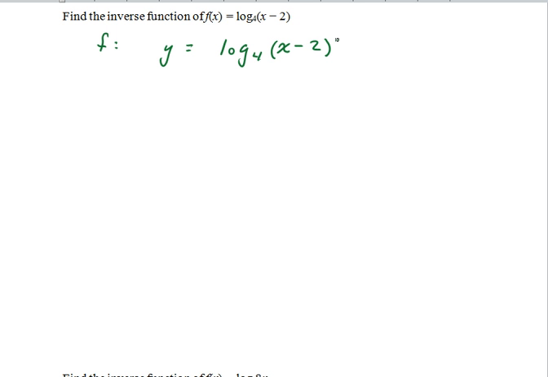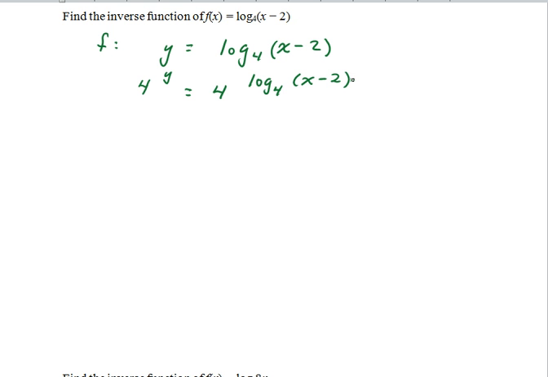I'm going to then exponentiate both sides using a base of 4 since we have log base 4. So we get 4 to the y equals 4 to the log base 4 of x minus 2.